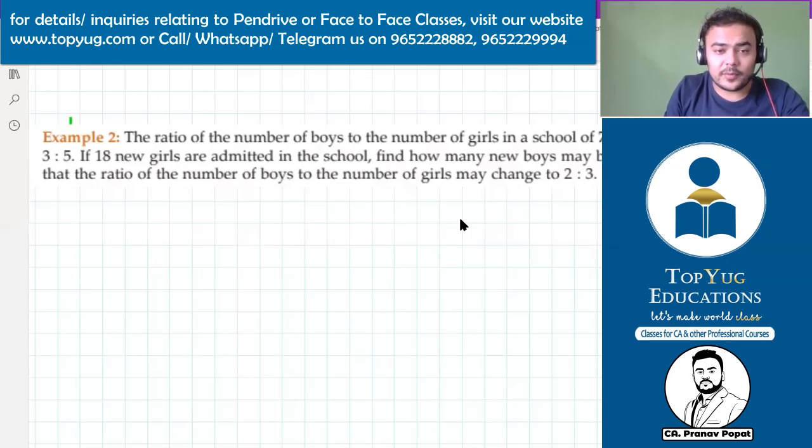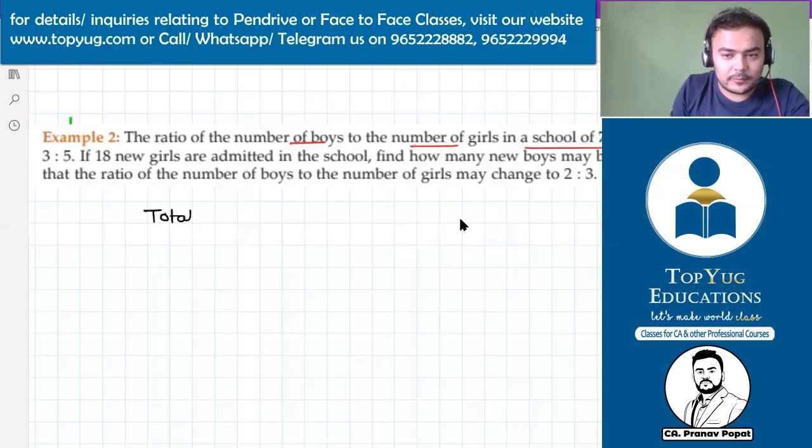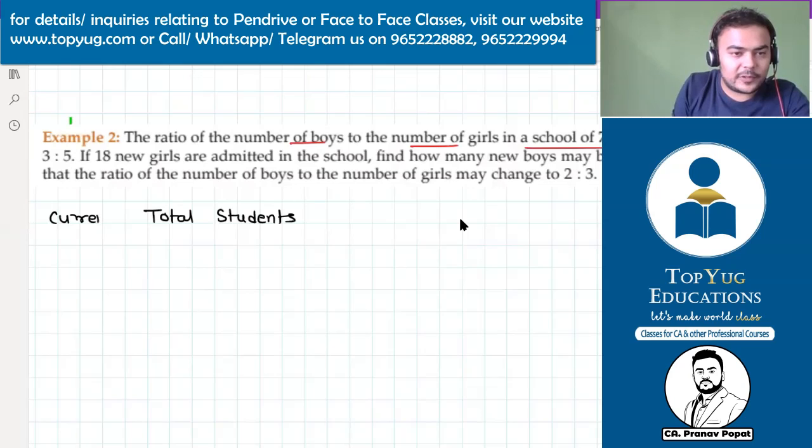The ratio of number of boys to number of girls in a school of 720 students is 3:5. Let's see, how many total students are there? This is current, without new admissions. Current total students are 720.